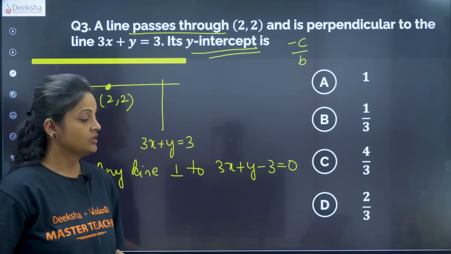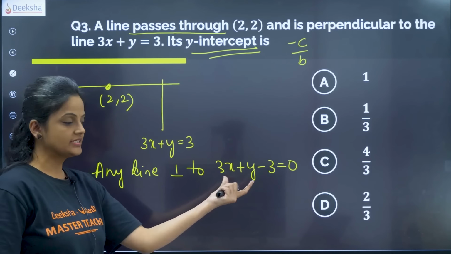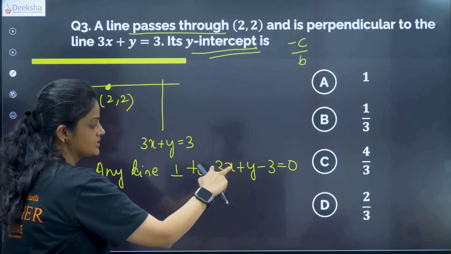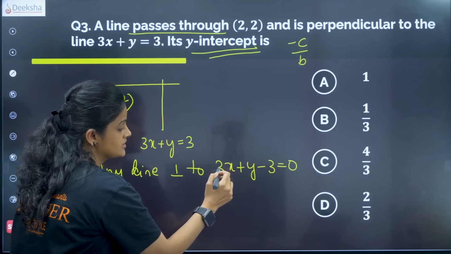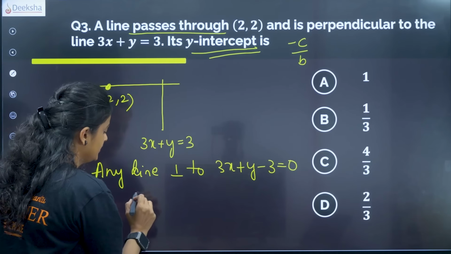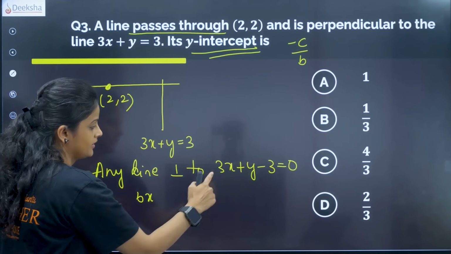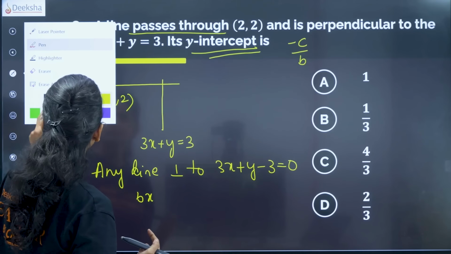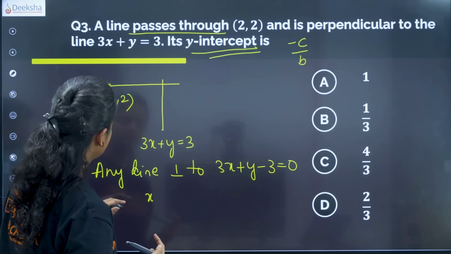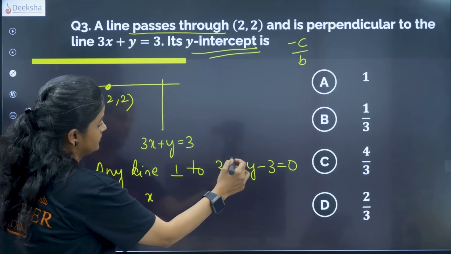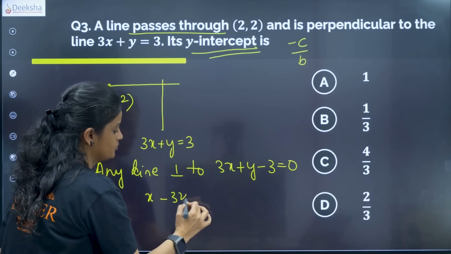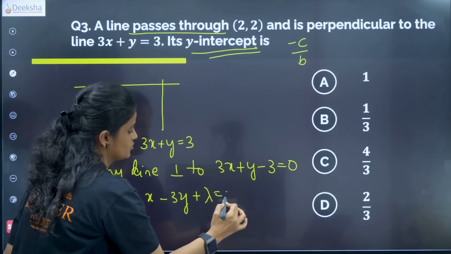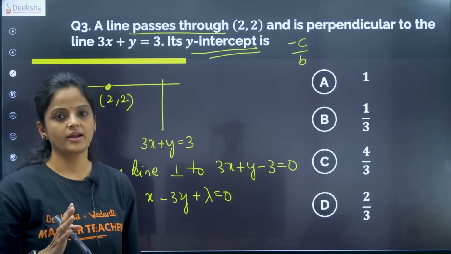Any line perpendicular to this can be written by reversing the values of a and b. If you don't know, make a note of it. So 1x, b is 1 here, right? So 1x and here minus 3y, alternate sign I have to put, plus lambda is equal to 0. This is the equation I am getting.